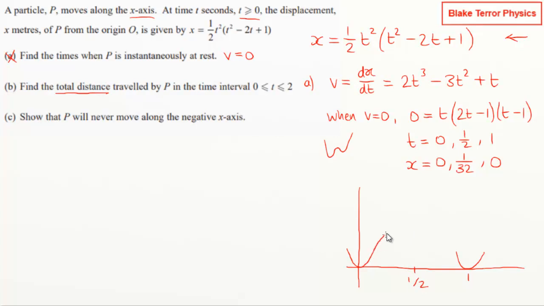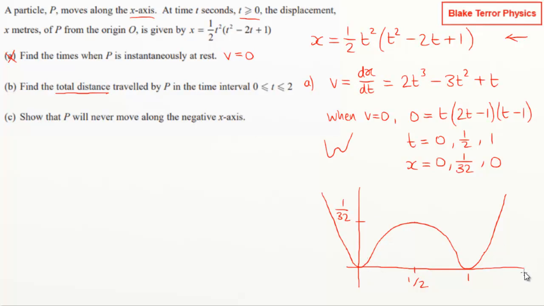So let's draw in the shape, and then I'll mark on where the half is afterwards. So our quartic is going to be looking something like this, and this maximum here is going to be at 1 over 32. So we can see with this that we have got a change in sign in the velocity.